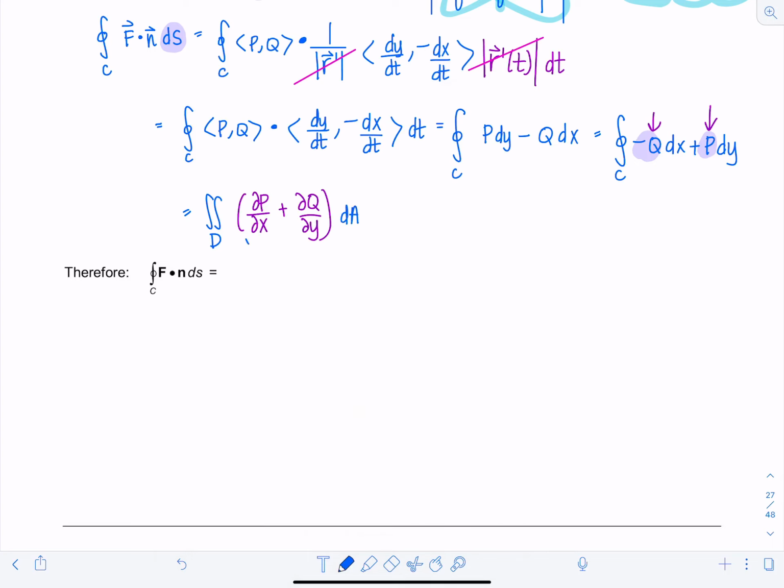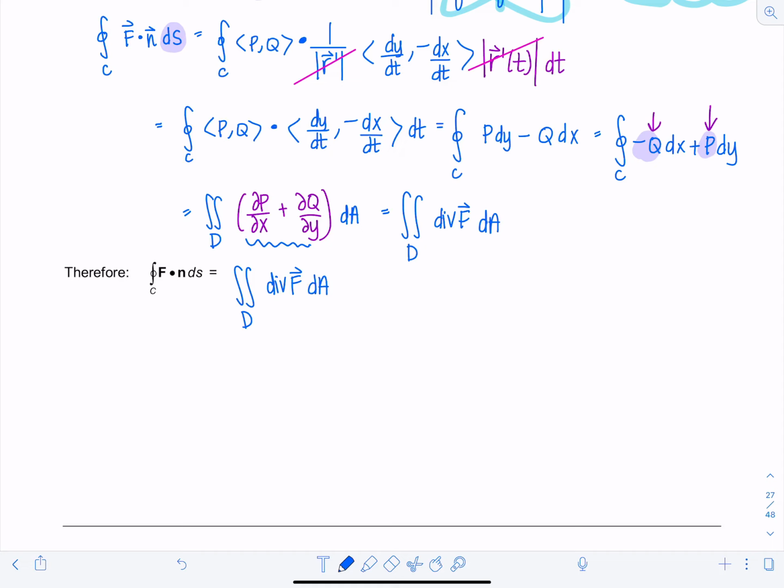And my goodness, what is this expression right here? That's the divergence of F dA. Ooh, so therefore, the line integral over C of F dot N ds can be expressed as the double integral over D of the divergence of F dA.